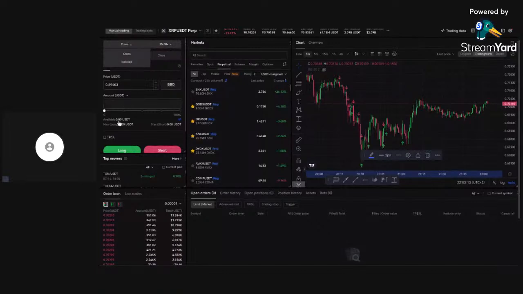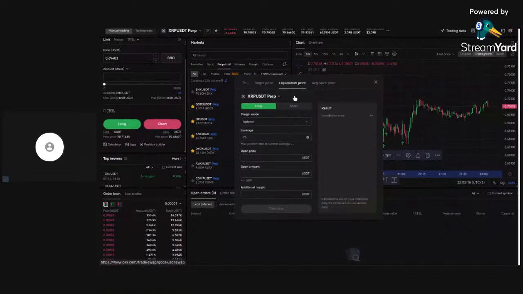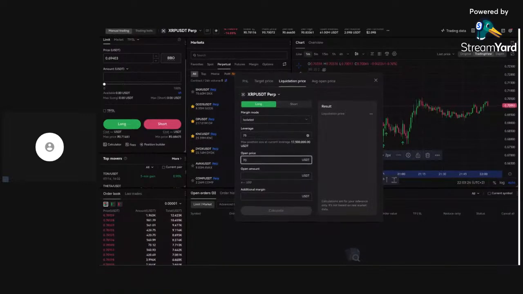Let's say you have, actually, I could pull this up and make sense out of this a lot better. So liquidation price, 75x, open price, let's say price is at 70 cents right now. 0.70, and open amount doesn't really matter.